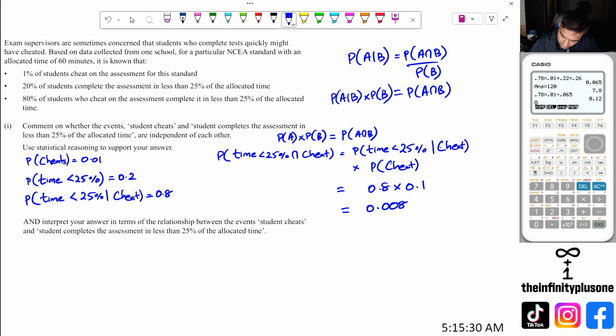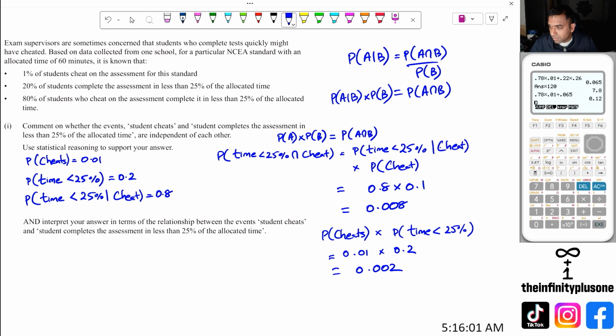So now what we can do is the probability of cheats multiplied with the probability of time less than 25%. That's going to be 0.01 times 0.2, and that's equal to 0.002. And here, what we can actually say is, because these two probabilities are not equal to each other, these are not independent.